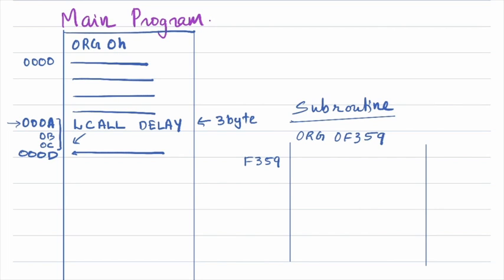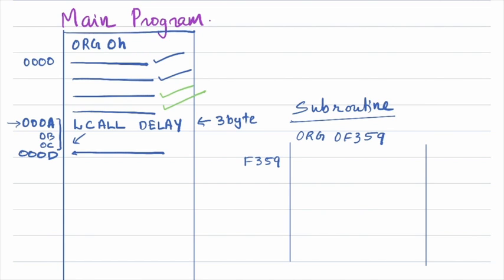And so assume that your program execution is happening sequentially. So it executed this line first, then it is executing this line, like that. It has come to this line, then it is executing this line.